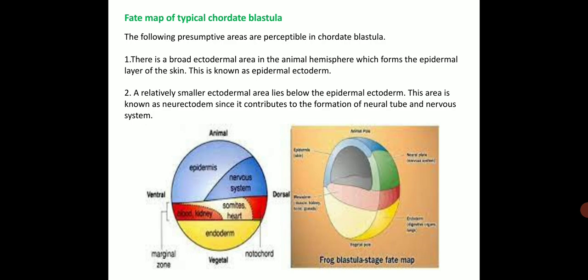This is known as epidermal ectoderm, as you can see in this picture. A relatively smaller ectodermal area lies below the epidermal ectoderm. We call this the neuroectoderm, since it contributes to the formation of the neural tube and also the nervous system.